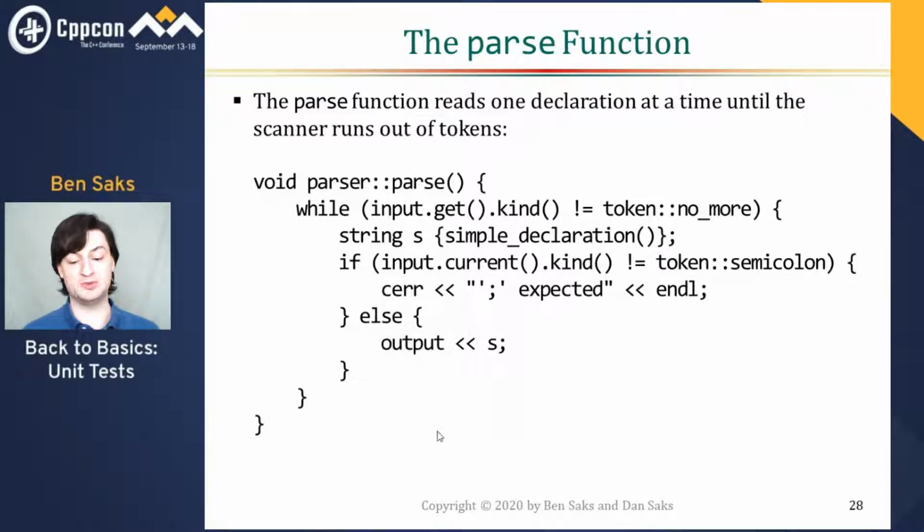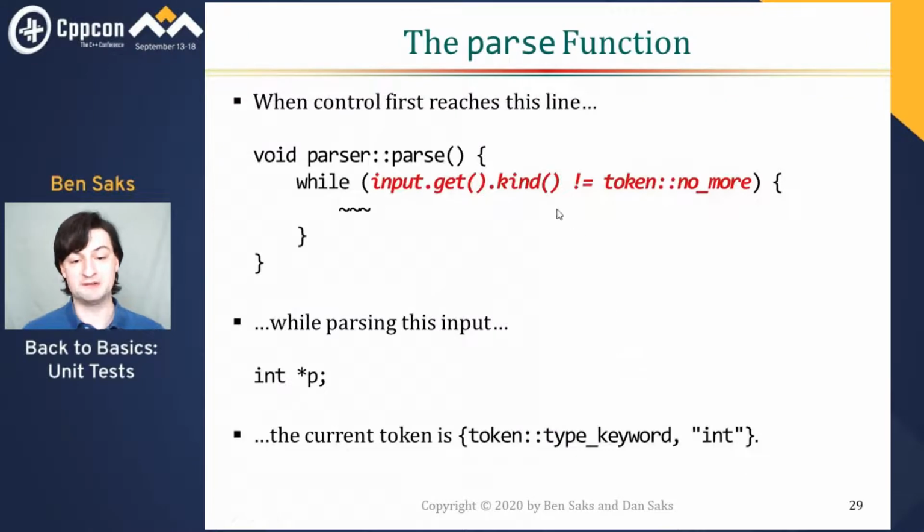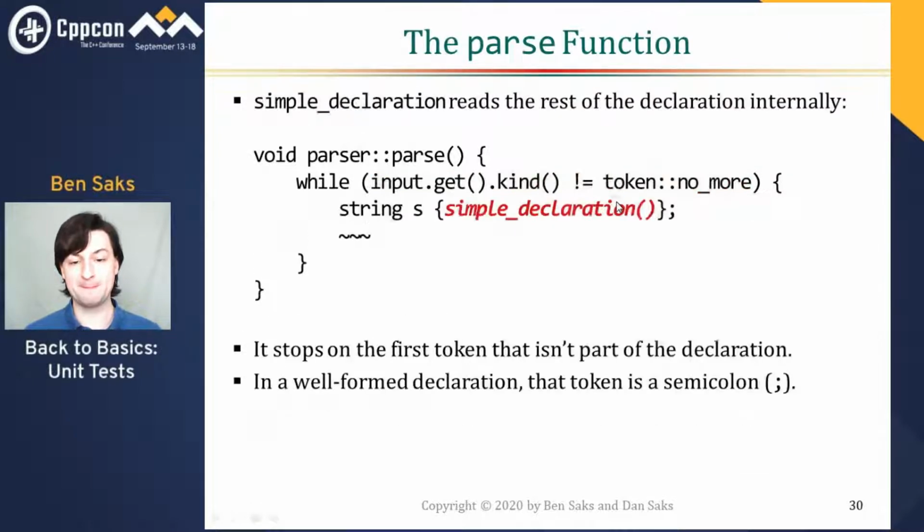And it just reads them one declaration at a time, essentially, until the scanner runs out of tokens. So the first time that control reaches this line, when we're parsing this input, the token will be that int keyword at the beginning, which means that the token isn't the no more token, we'll move on and parse a declaration.